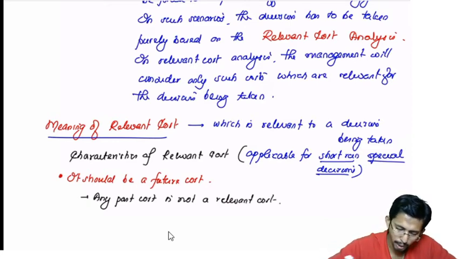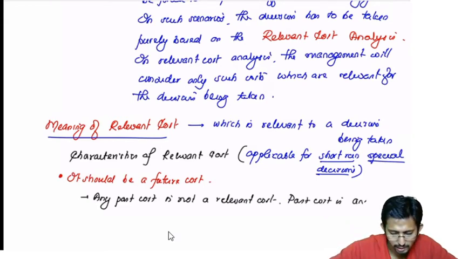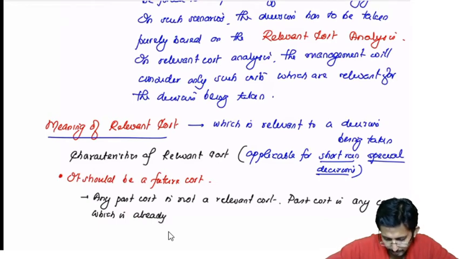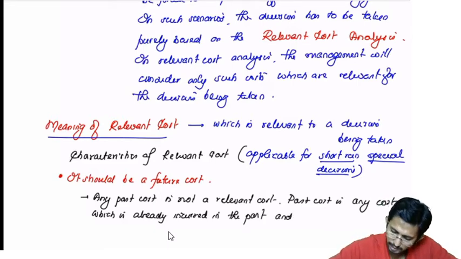Now what do you mean by past cost? Past cost is any cost which is already incurred in the past and cannot be reversed.